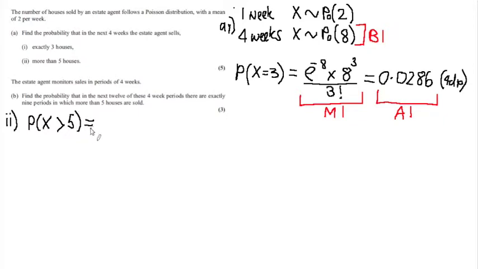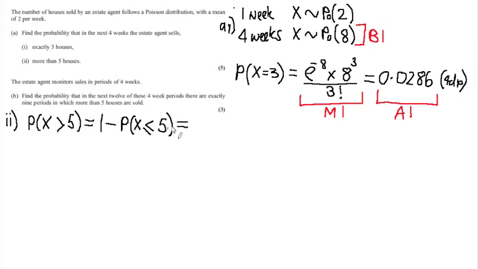So in other words, I'm talking about doing probability X is 6, 7, 8, 9, 10. So that's going to be the far end tail, so I can only do less than or equal to a value. So what I'm going to do is 1, the whole probability, take away the probability that actually we sell less than or equal to 5 houses.